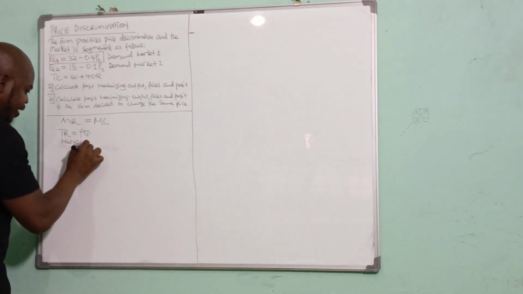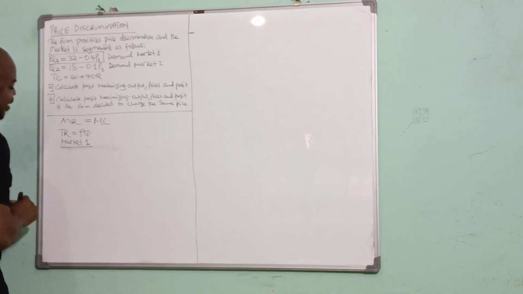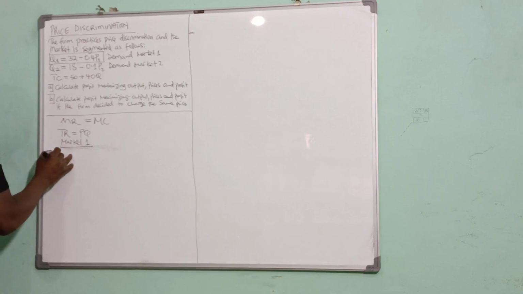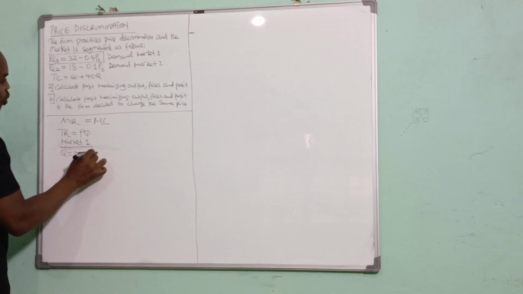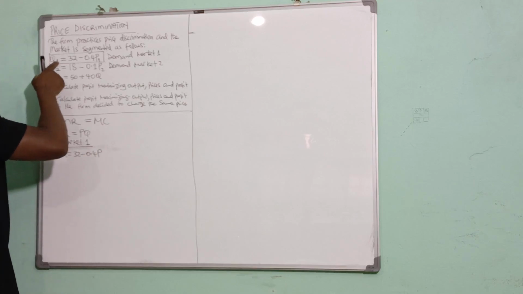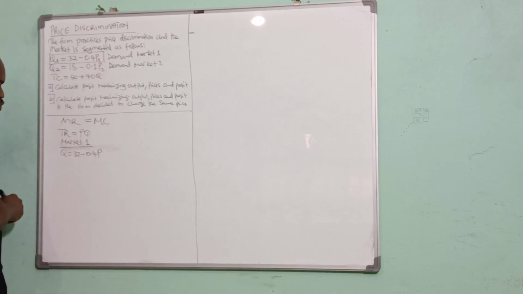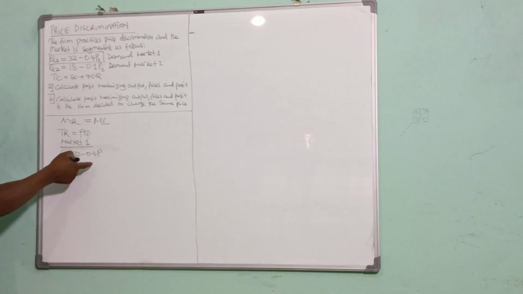So market 1 here, we have Q is equal to 32 minus 0.4 P. I've removed the ones there so that there is no confusion whatsoever. Then I'm making P the subject of the formula. This will come to this side.